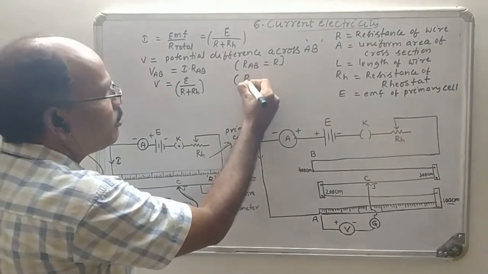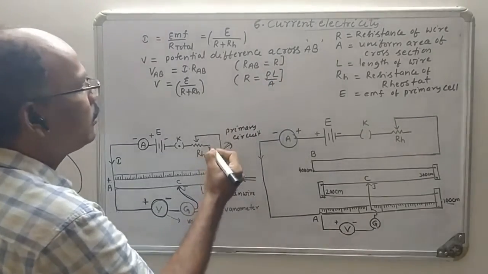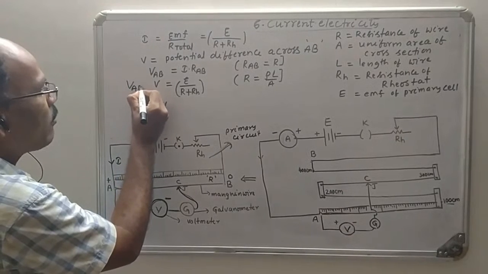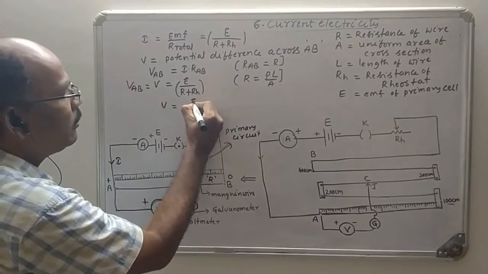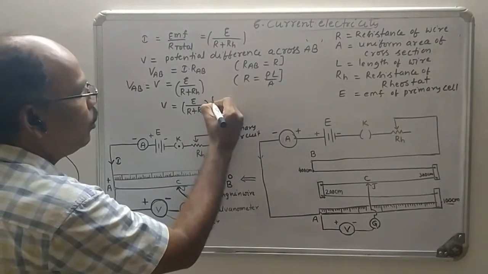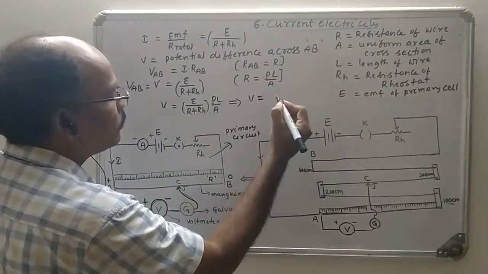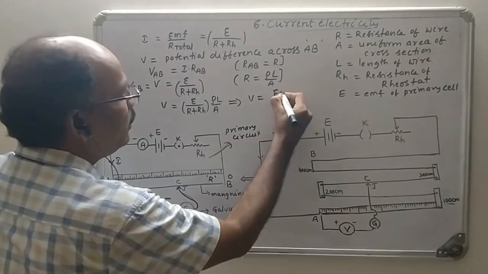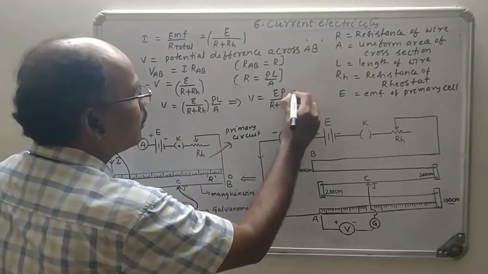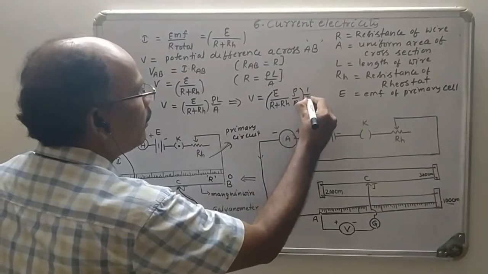From the relation for resistance, R is equal to rho L by A. Then VAB or V is equal to E by R plus RH into rho L by A. So from this we can write V is equal to E rho by R plus RH, into rho by A into 1 by L.